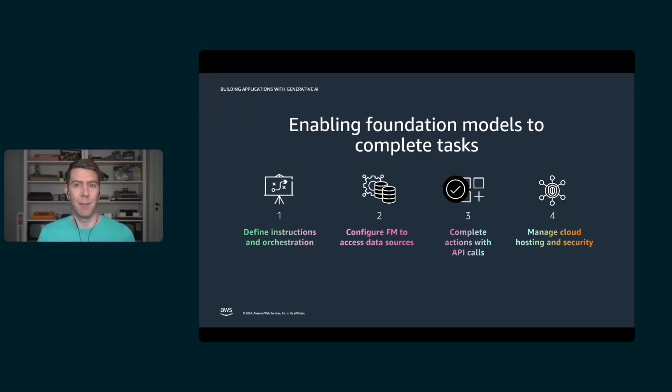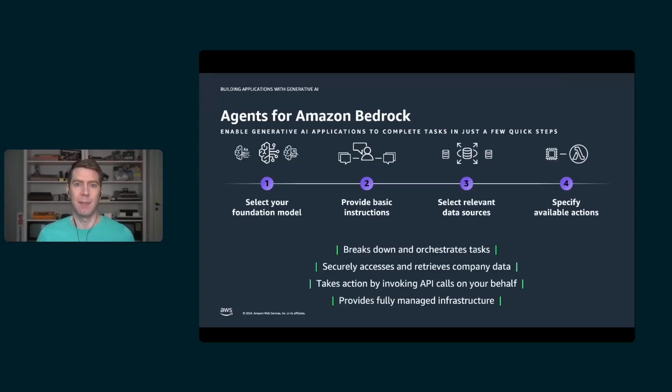And then you have to set up your policies for security and so on. So to make it as easy as possible, within Amazon Bedrock, we have something called Agents for Bedrock, where you, with a few clicks, can create and configure your foundation model to automatically break down and orchestrate different tasks.